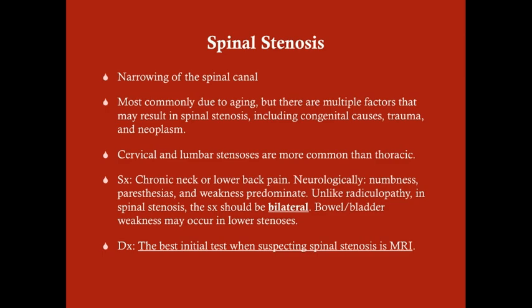You should really suspect spinal stenosis if you have bilateral symptoms. If they're only unilateral, you should suspect some kind of impingement, like a radiculopathy. For the most part, though, spinal stenosis and radiculopathy are similar in appearance. The major difference is that with spinal stenosis, it's bilateral.